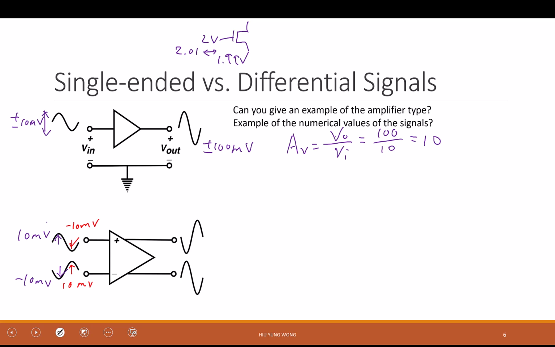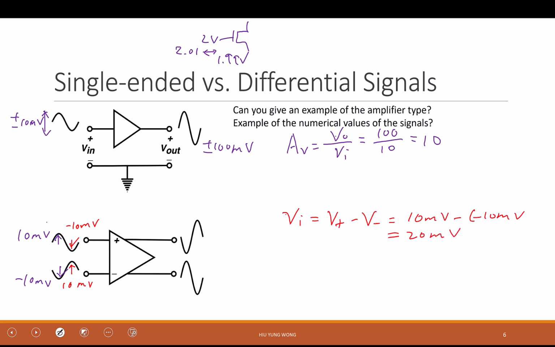So what is the input voltage in this sense? I define it. I'm the human. I'm the one design the circuit. I'm the one use the signal. I use the signal. I interpret the signal. I define it as V in equals to the difference of them. So it's V plus minus V minus, which is 10 millivolts because they're always opposite.